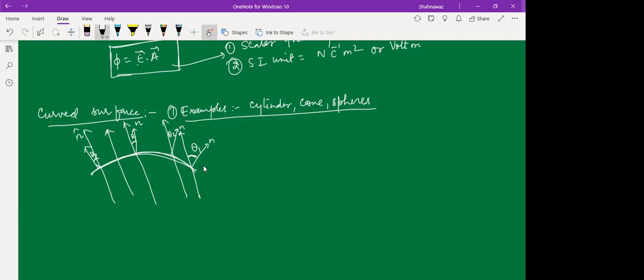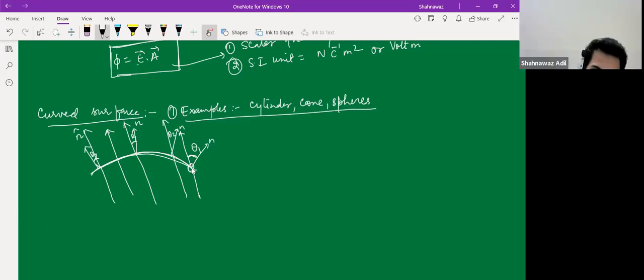So what we do is take small, infinitesimal patches of the area element, ds, and this area is in the direction of the normal. So this theta remains the same for this small area element.